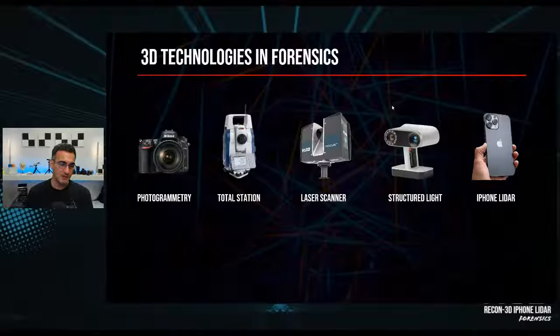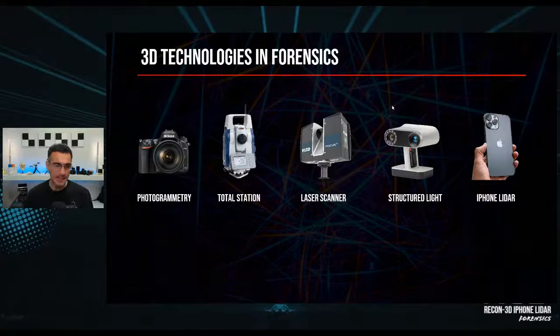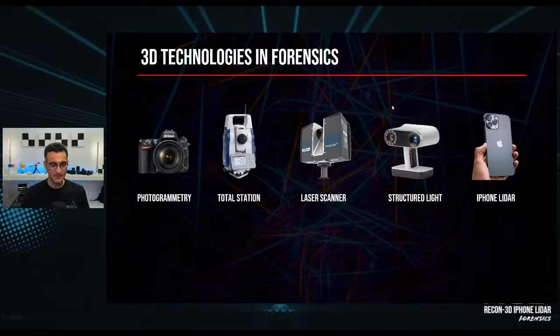Then, of course, around the early 1990s, we get the total station. Later on, in the late 90s, we start getting the first laser scanners, looking a lot different than they do today, for sure. Then around 2005 to 2010, we get more modern looking and operating laser scanners. Structured light also came around in the 2000s.